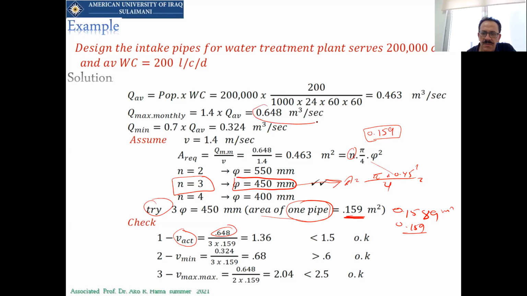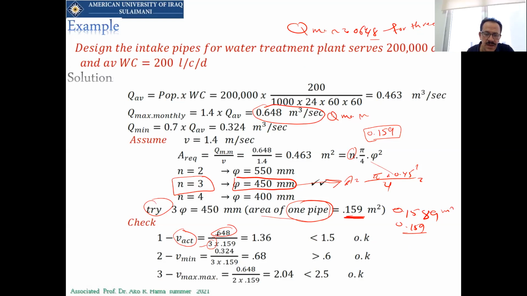The maximum monthly Q is equal to 0.648, for 3 pipes. So for one pipe, I have to divide 0.648 by 3, the number of the pipes.